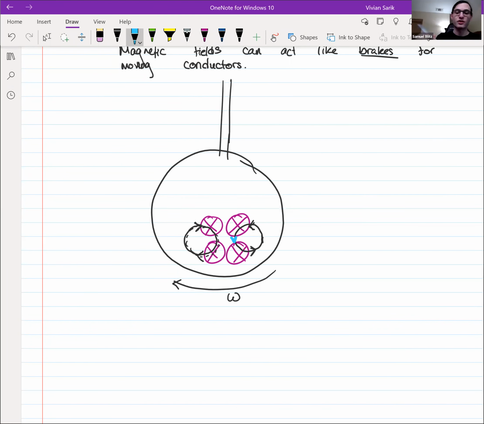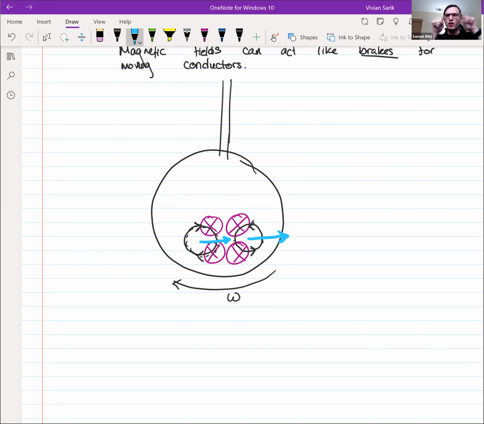So v cross B, into the screen, the force is to the right. So the net force on that loop is rightward. Similarly, on the left, the part that's in the magnetic field will also experience a force to the right.